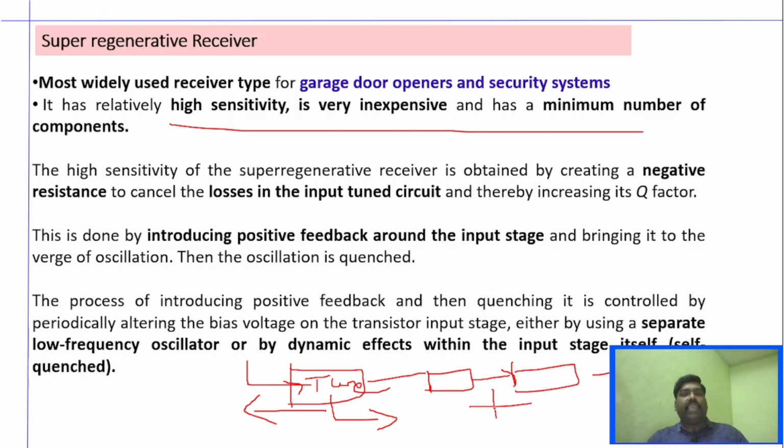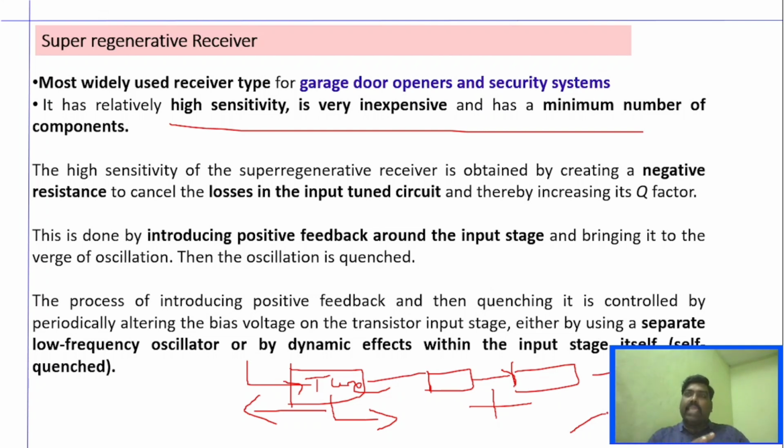This can be done by altering the bias voltage of the transistor. And this is how a negative resistance is created here, which increases the sensitivity of the super regenerative receiver, right? Because of this positive feedback, it starts oscillation, and the oscillation will automatically stop when it reaches the bias cutoff, right?